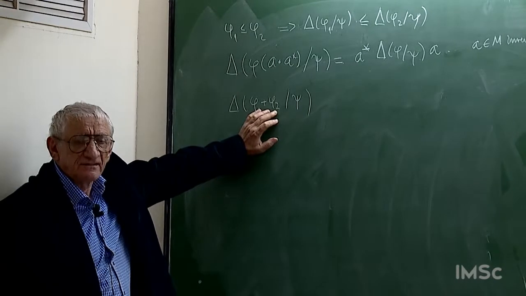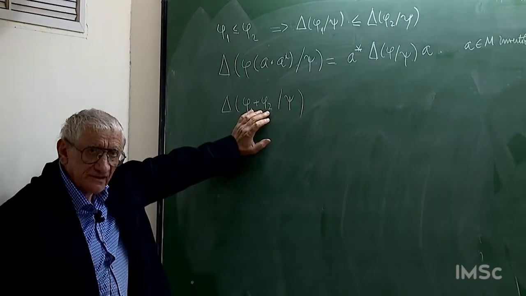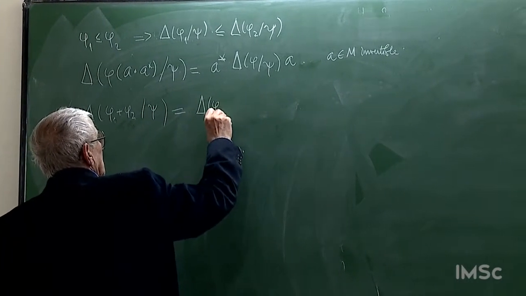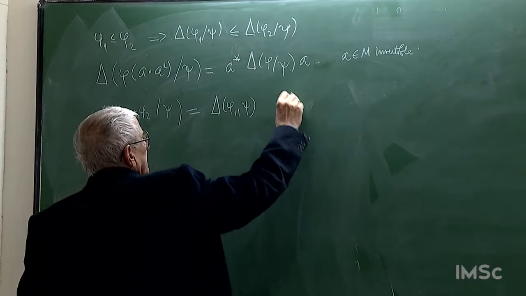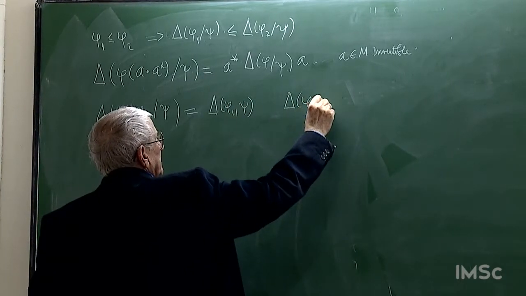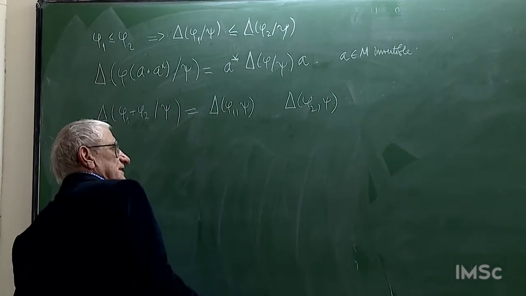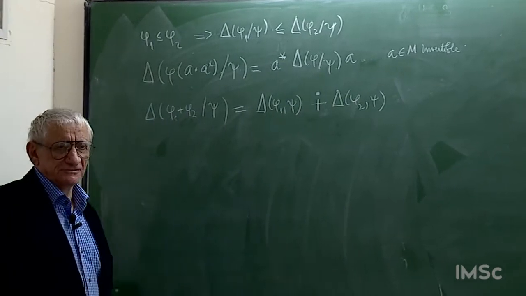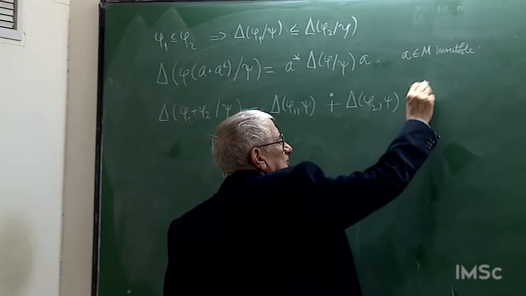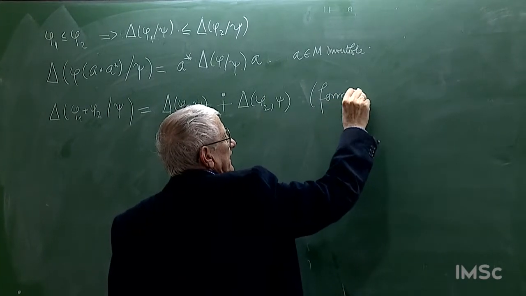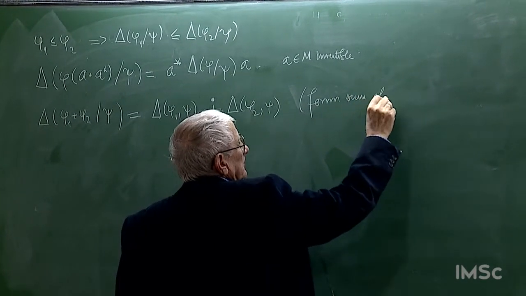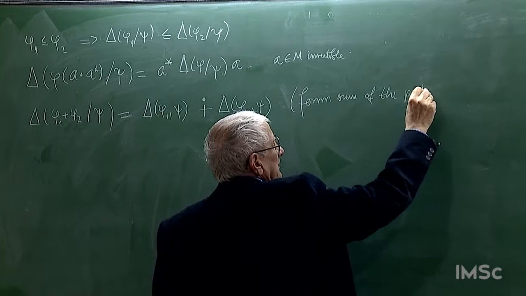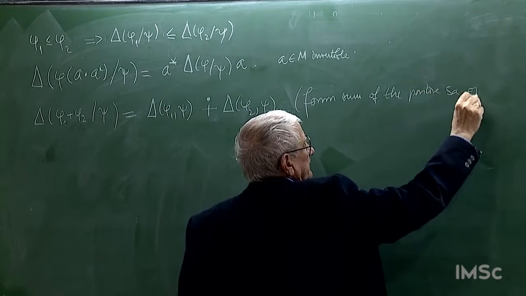So when this is a normal semi-finite weight, then what you have here is delta phi1 psi and delta phi2 psi, and you expect a plus sign, but it is a plus sign with a dot, which means the form sum of the unbounded positive self-adjoint operators.